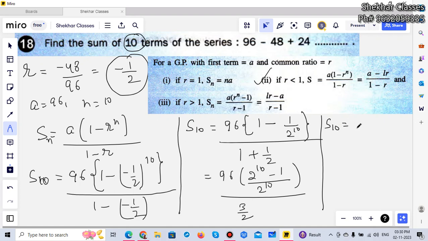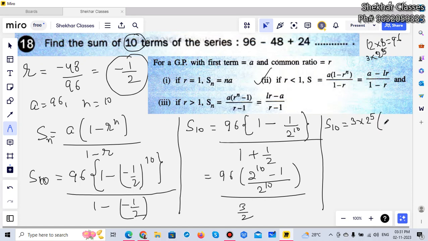If I solve that, this will be equal to 96 divided by 2 to the power 10, times 2 to the power 10 minus 1, divided by 3 upon 2. And can we write 96 as something? If you factorize 96, it will be 3 into 2 to the power 5.